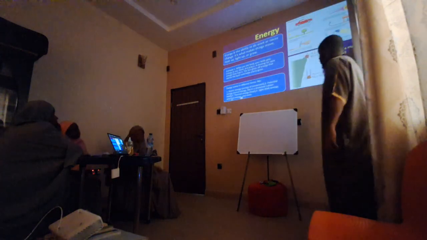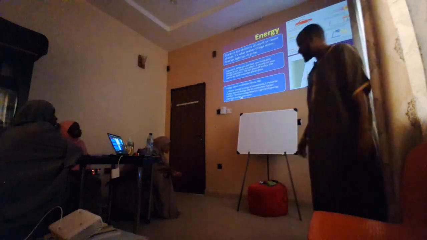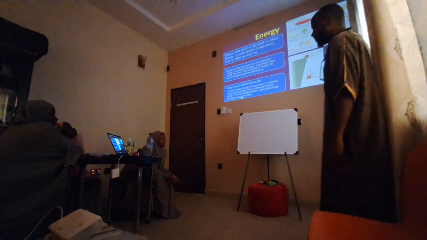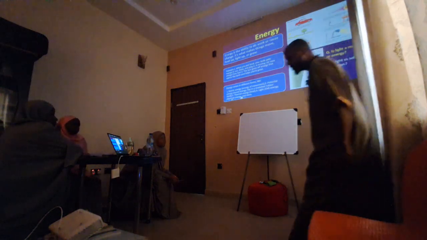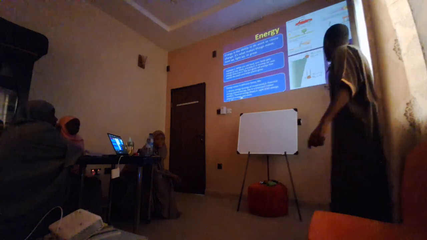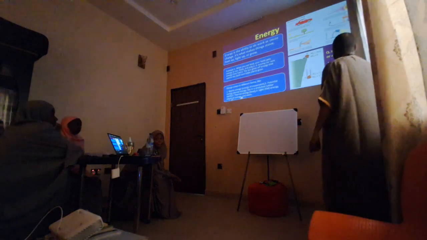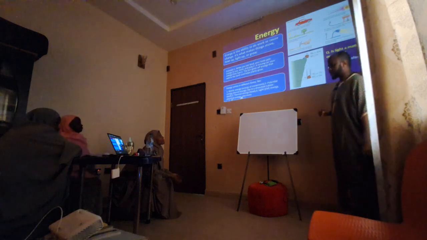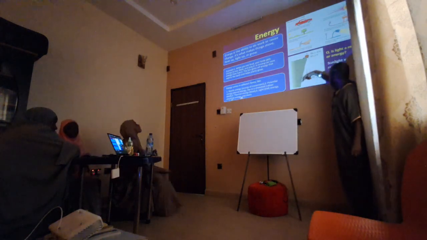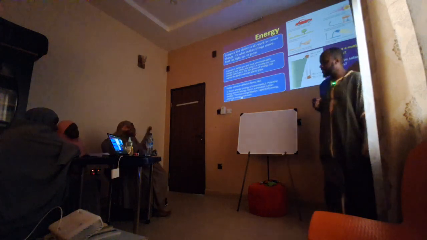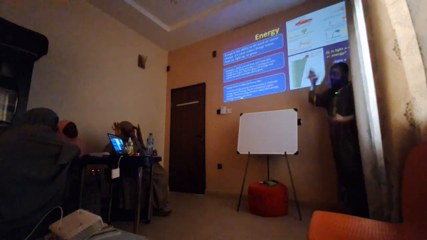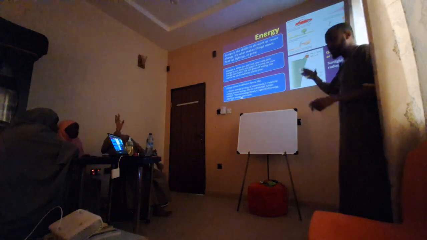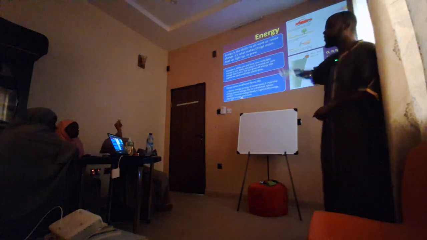Now, talking about potential energy and kinetic energy, we'll soon round up. I think this is the 9th slide. You see, this is a cliff. You have a rock. The rock possesses potential energy at the top of the cliff, due to its position above the surface of the earth.